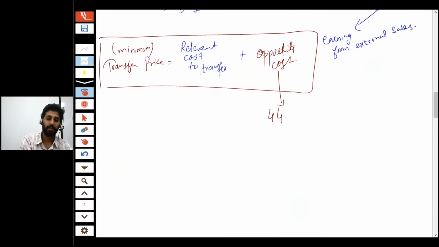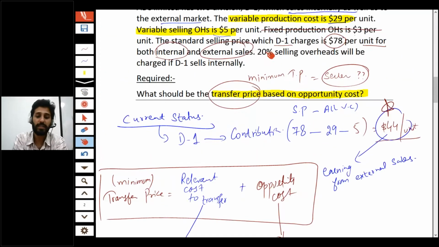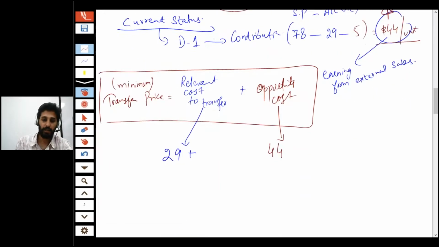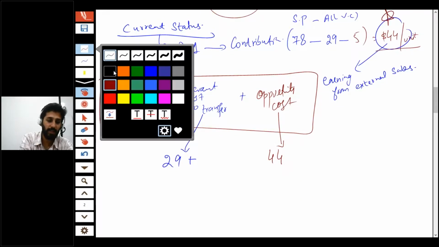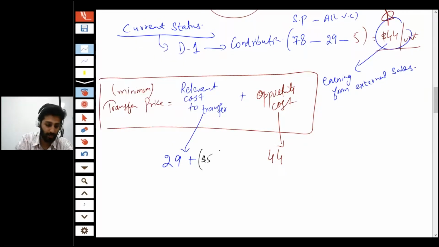So I will be writing the relevant cost, that is 29, plus it is written that 20% selling overheads will be charged if division 1 sells internally. What is the selling overheads? That is $5. And its 20% will be charged, and it's a relevant cost to transfer.